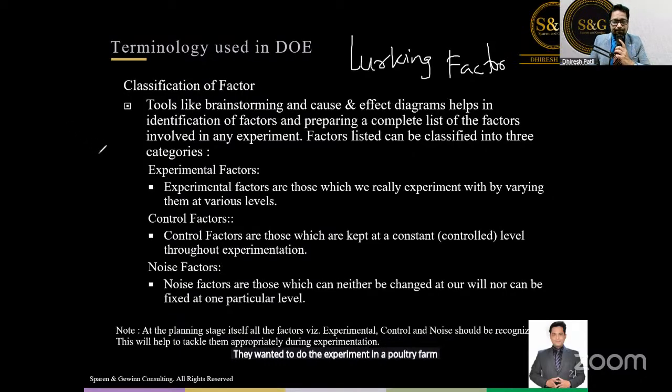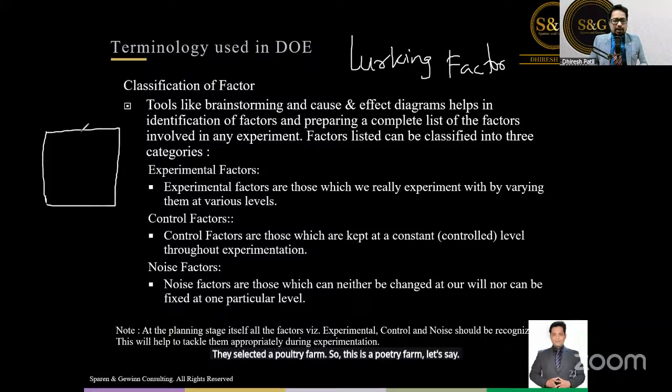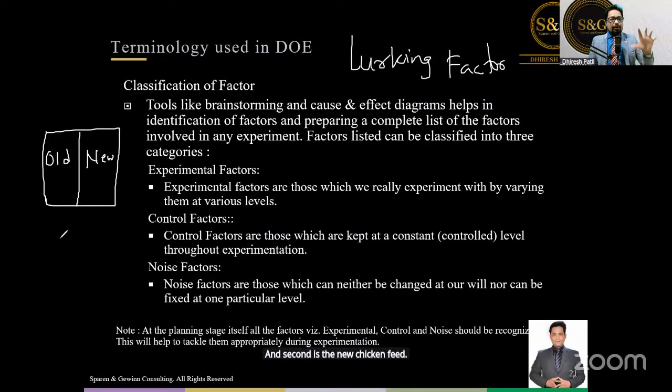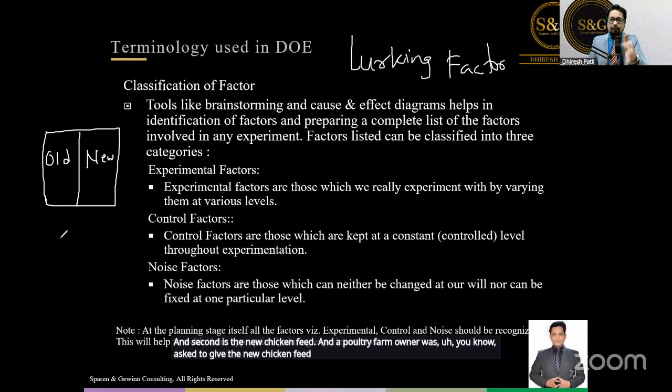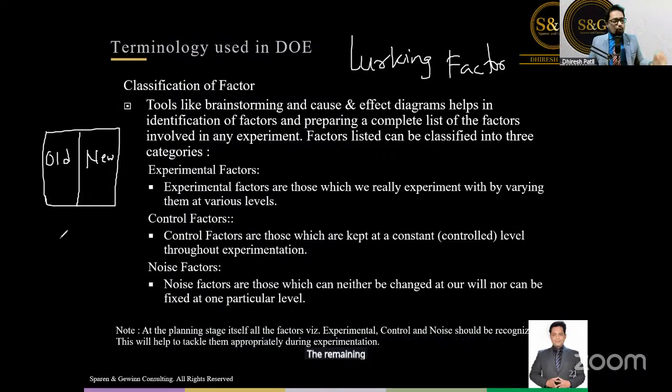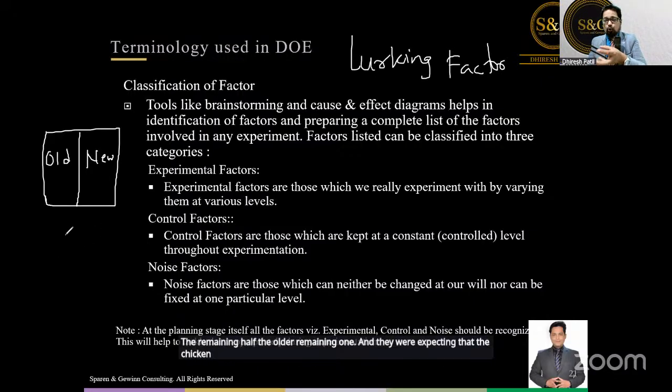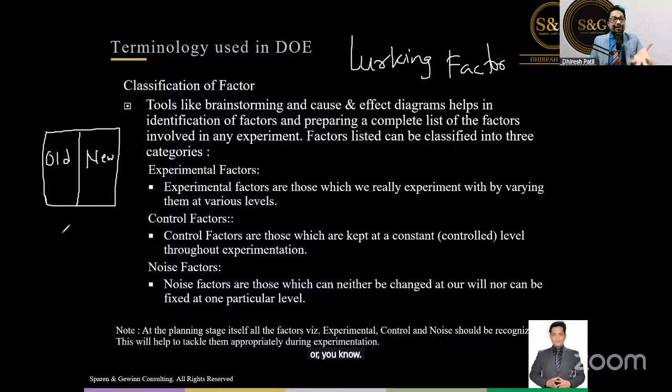They selected a poultry farm and divided it into two parts: one with the old chicken feed and the second with the new chicken feed. The owner was asked to give the new feed to half of the farm, and they expected the chicken weight in the new part to increase drastically.